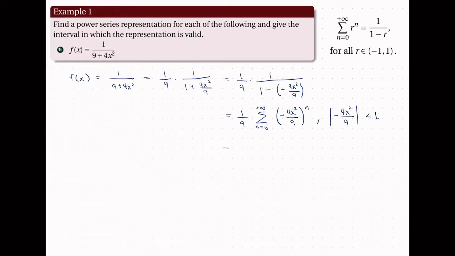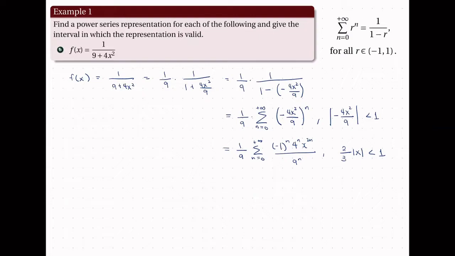And then simplifying, we get 1 over 9 times the summation from n equals 0 to positive infinity. Again, i-distribute lang natin yung ating exponent sa bawat term. So we have negative 1 raised to n, 4 raised to n, x raised to 2n over 9 raised to n. And then simplifying this, we get 2/3 times the absolute value of x must be less than 1. Okay?